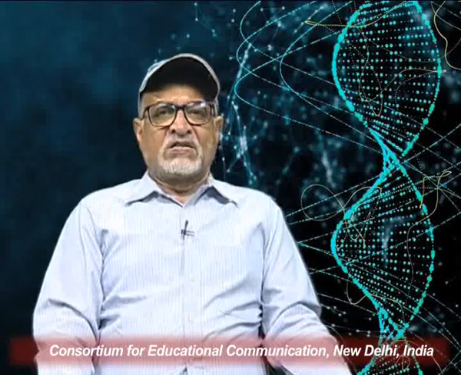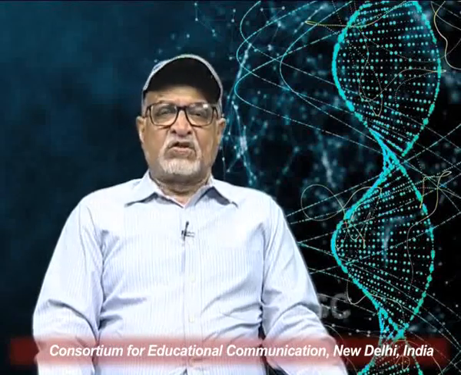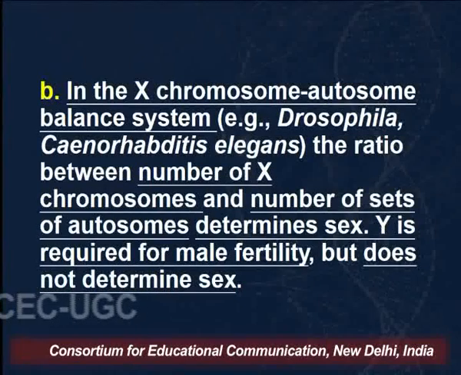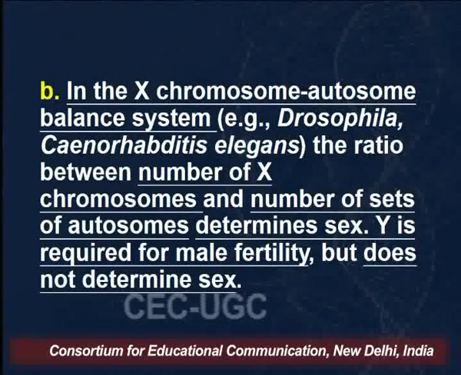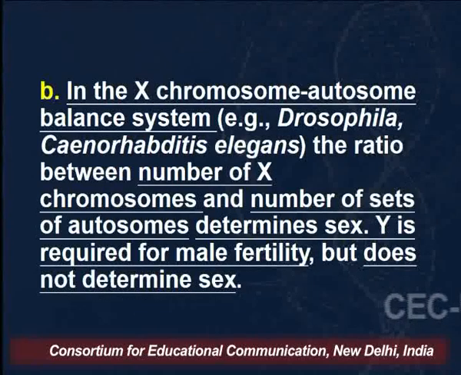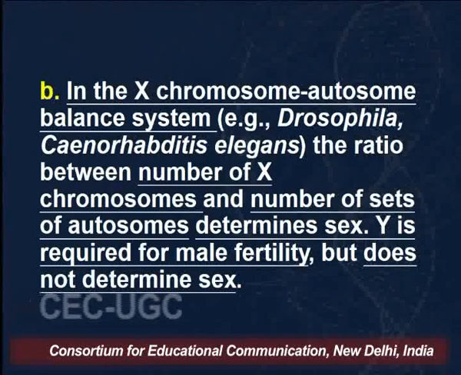And the one which we are discussing right now is the X chromosome autosome balance system, which we have seen in Drosophila. Viewers, you remember, we also talked about Caenorhabditis elegans. There also the ratio between the number of X chromosomes and the number of sets of autosomes was responsible for the determination of sex.